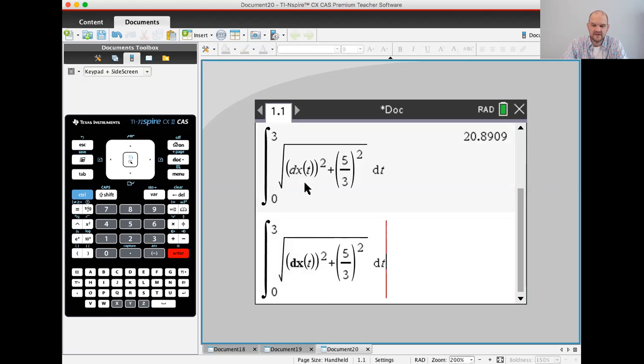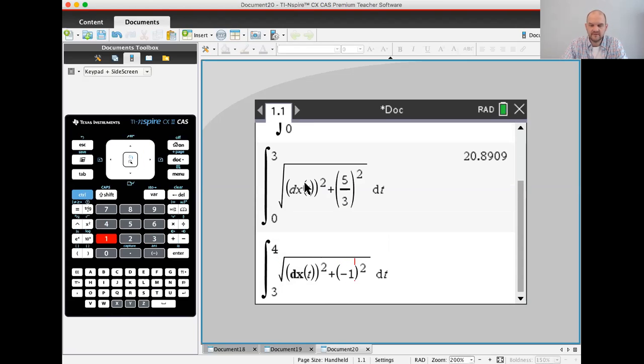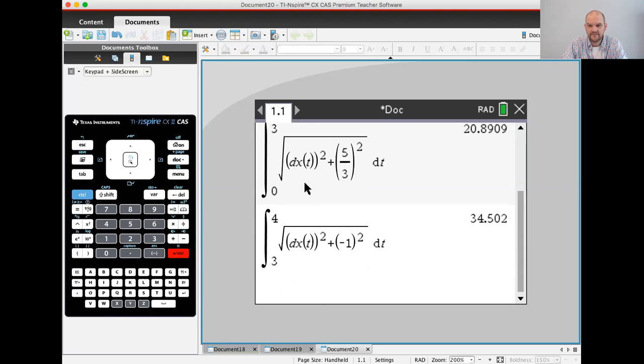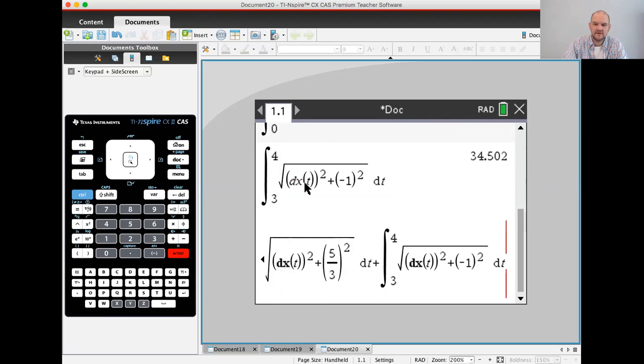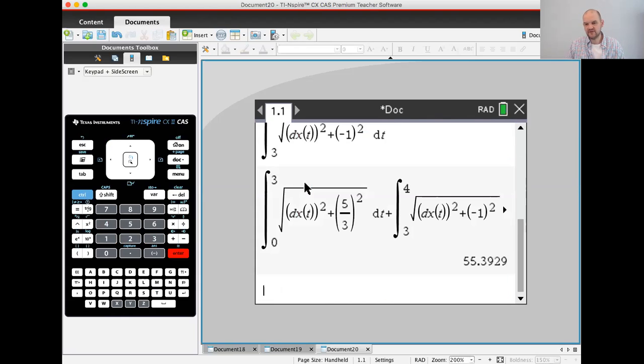And also so that I can change it and go from 3 to 4, but then I need to change from a slope of 5/3 for y to a slope of -1. So strange, -1, and get that. So I'm really doing this plus this. And I get 55.393. So I'm going to write that down.